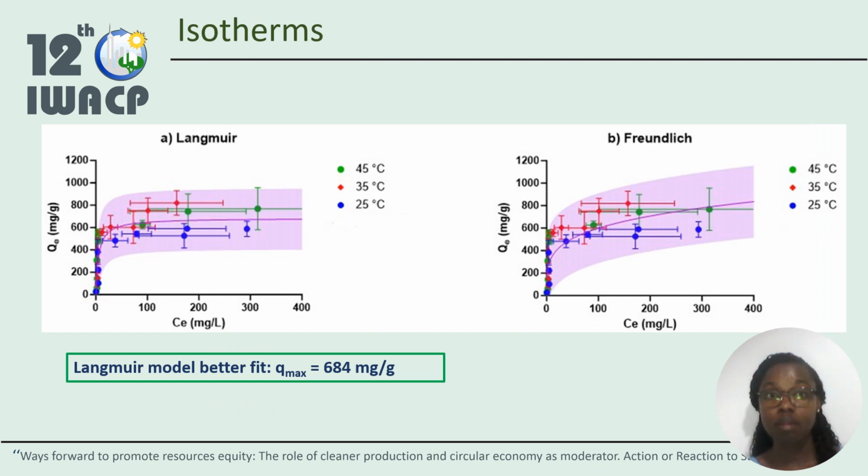Freundlich and Langmuir isotherms were also fitted to isothermal data obtained at 25, 35, and 45 degrees Celsius. It was found that little variation occurs in the material's performance as temperature changes. One isotherm is therefore fitted to the data, with Langmuir providing a better fit and a maximum adsorption capacity of 684 milligrams per gram.